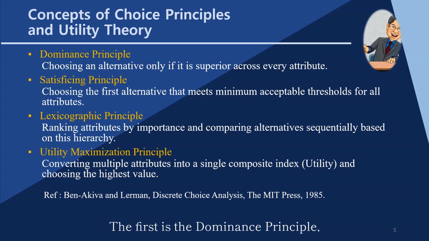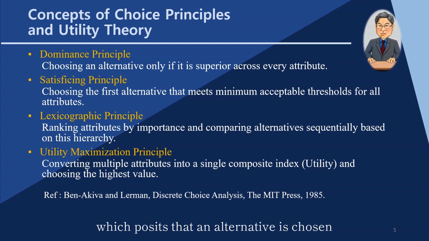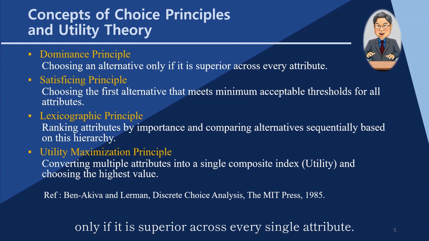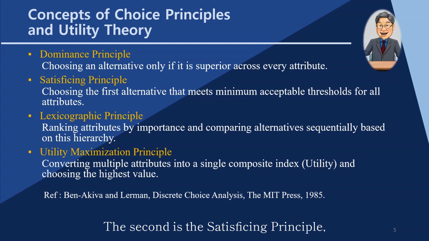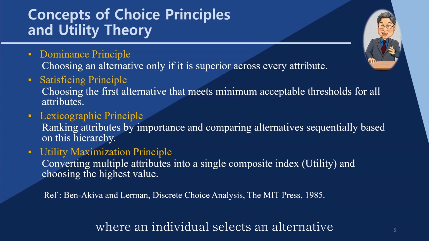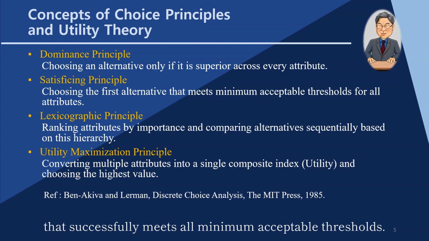The first is the dominance principle, which posits that an alternative is chosen only if it is superior across every single attribute. The second is the satisficing principle, where an individual selects an alternative that successfully meets all minimum acceptable thresholds.